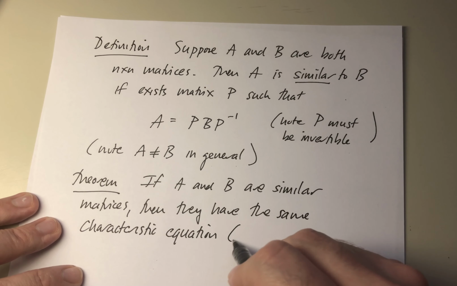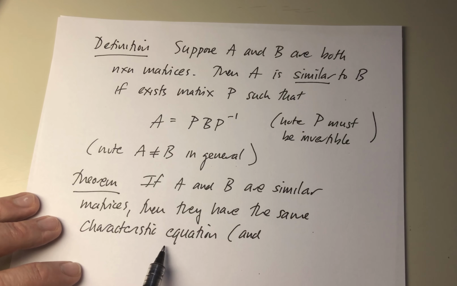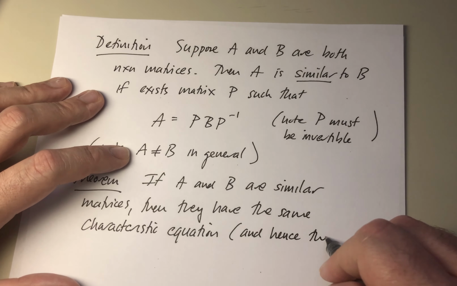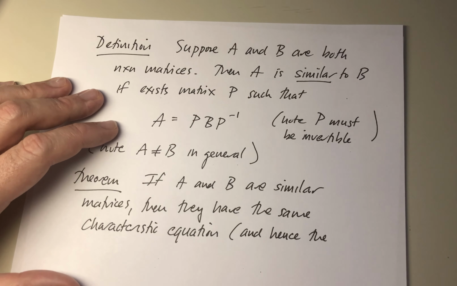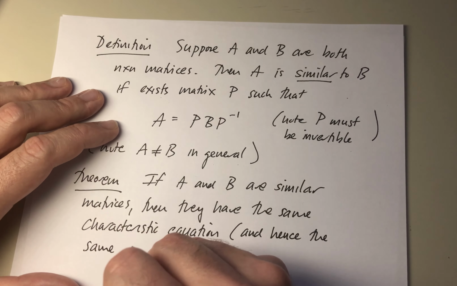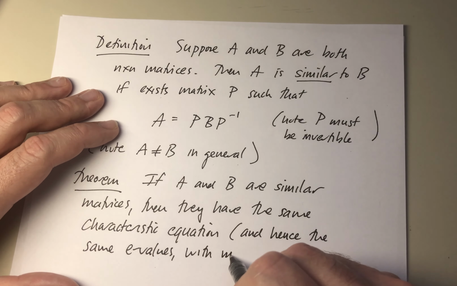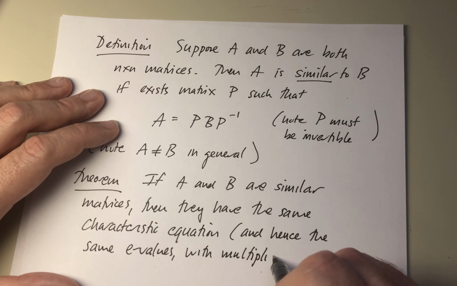And hence, remember the characteristic equation is what determines the eigenvalues. So if two matrices have the same characteristic equation, they have the same eigenvalues with the same algebraic multiplicities that we talked about.